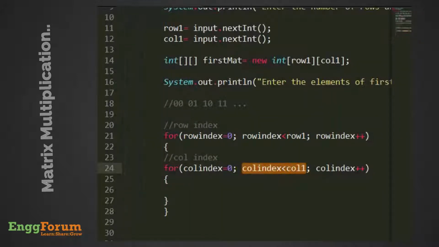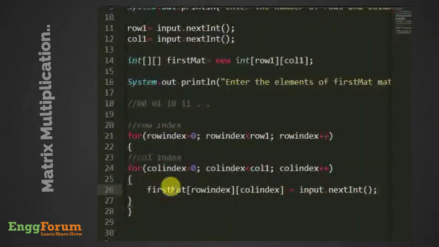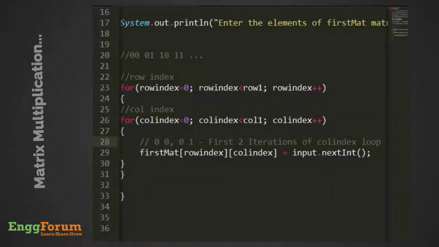If the condition results true, the first input element will be stored in firstMat[0][0]. Next, the loop will increment the value of the index by 1 in the next iteration. Now, the value of the index is 1. The inner loop will iterate till the condition is true.